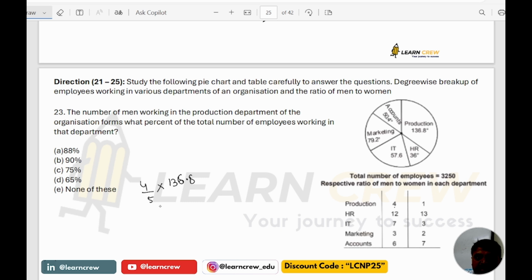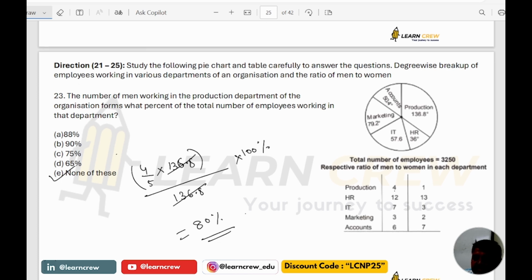Total number of employees working in the department is how much? 136.8. So this is what percentage of this? So if you see here, this gets cancelled. 4 by 5 means 80 percentage. So answer is 80 percentage. So it is none of this. 80 percentage is the answer.